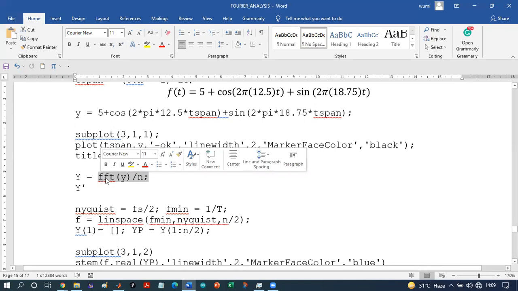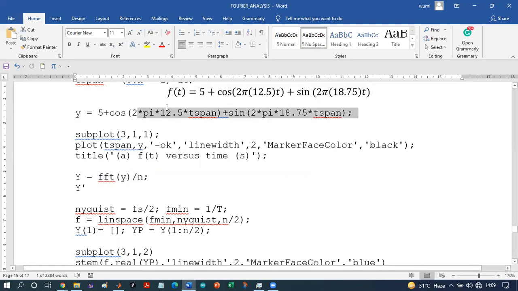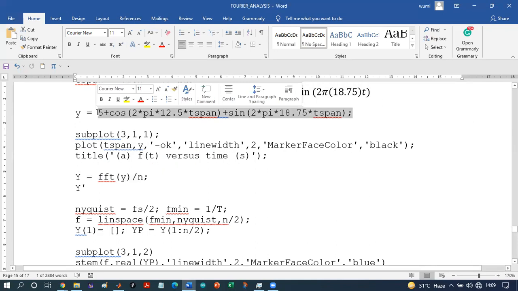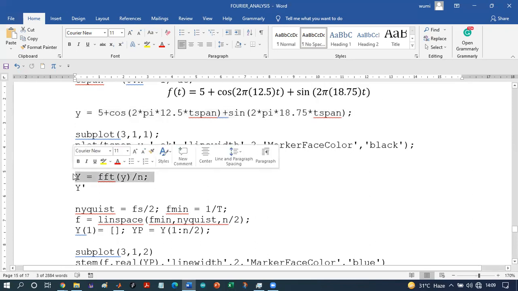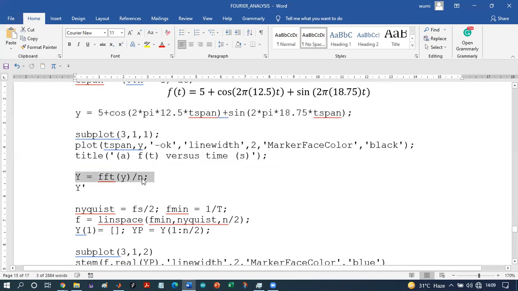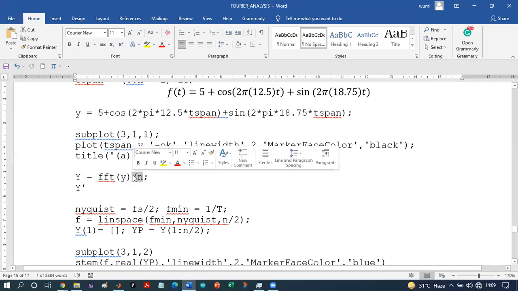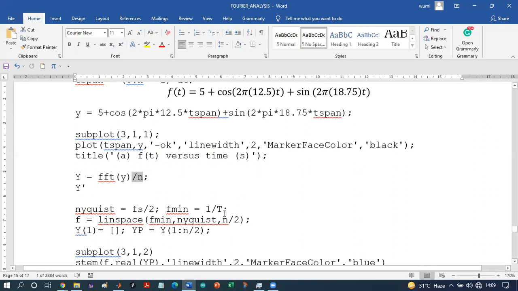Like this line of code here, this is what we did. Then this one, this is what does it in Matlab. So divided by n. Remember I was telling you that this is a scale factor. So you can decide on whether or not to put it. So I've explained this line.